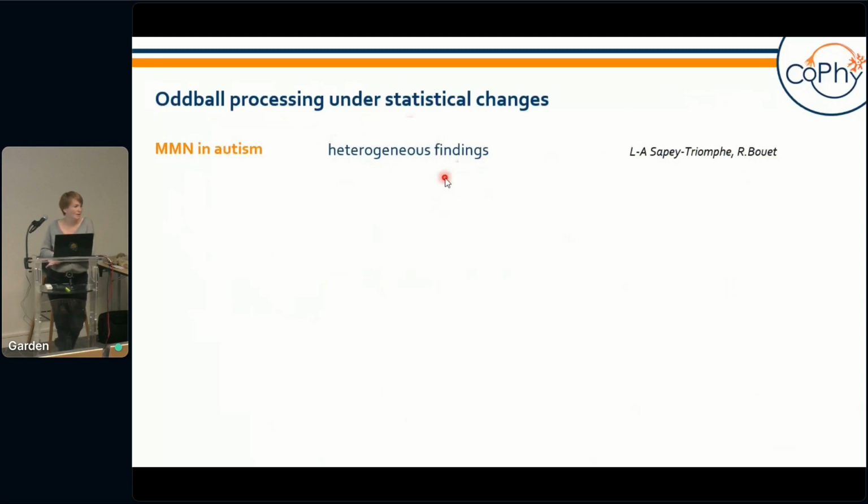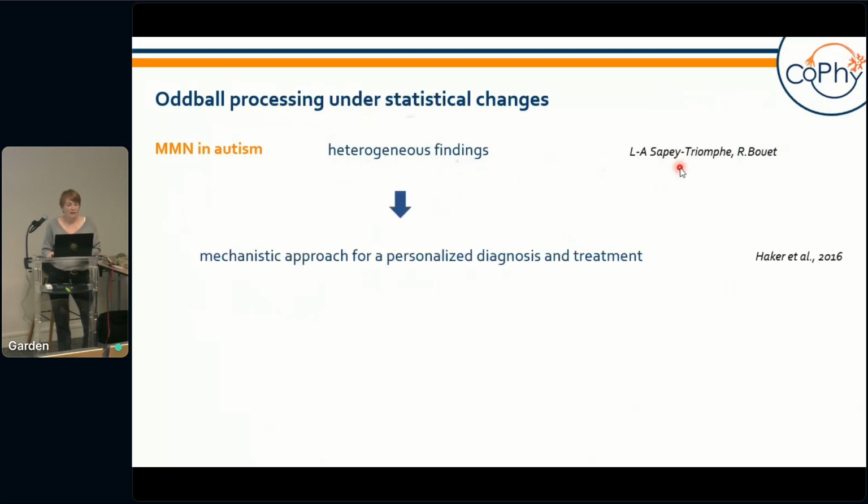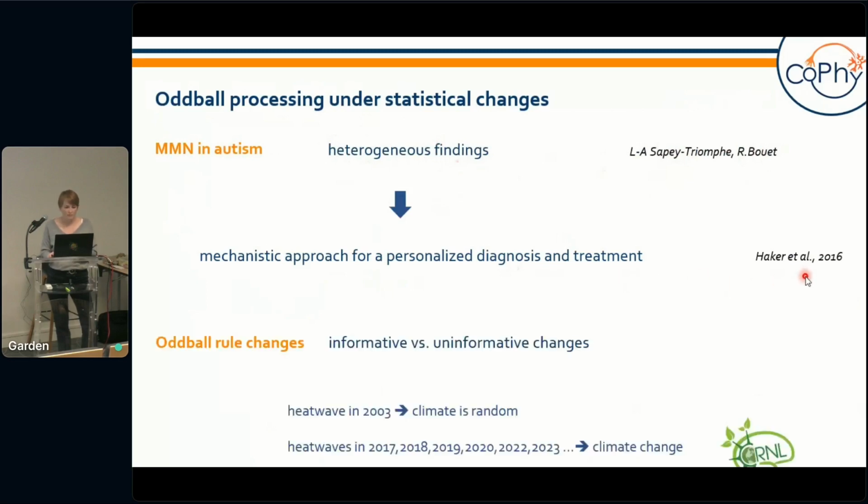In autism the MMN is such a mess, so Lauriane and Romain are trying to analyze this data quantitatively. And this heterogeneity pleads for a mechanistic approach for personalized diagnosis and treatment, proposed by Helen Hacker a few years ago, which pleads for dynamic modeling.